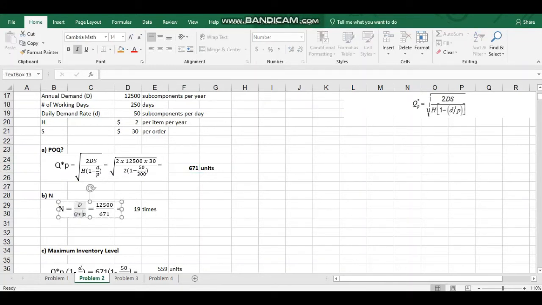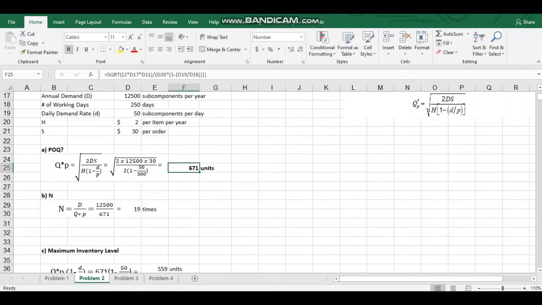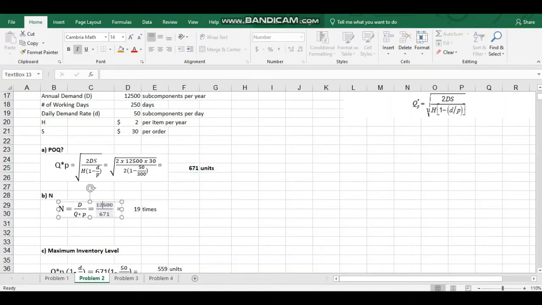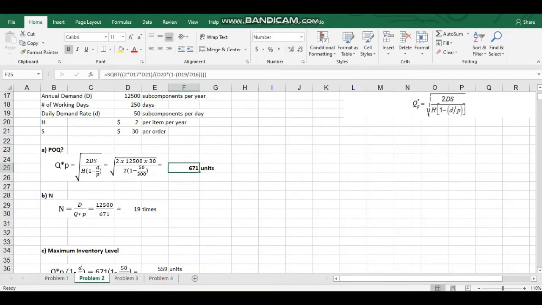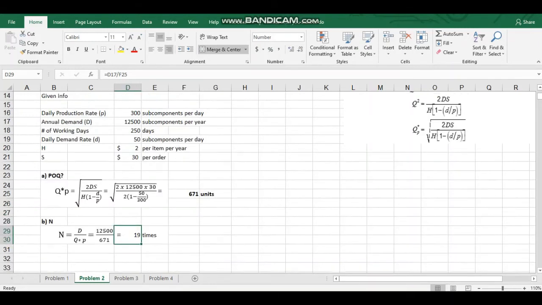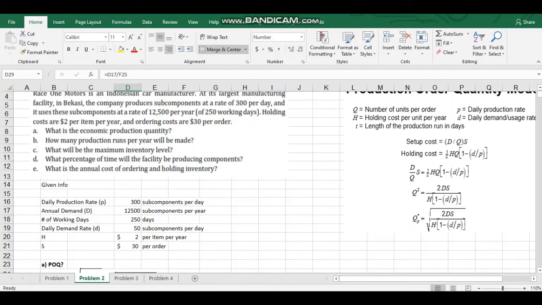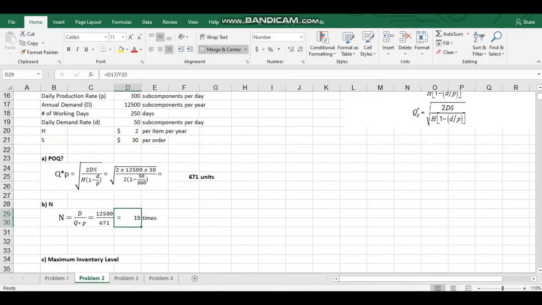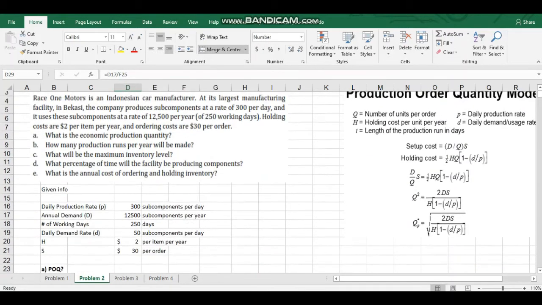The annual demand is given in the problem, and the Q star is the number we just calculated in point A. So the annual demand is 12,500 units, and the Q star is 671 units. So just divide them, and finally we have 19 as our number of production runs per year. So in a year we have to do production 19 times.